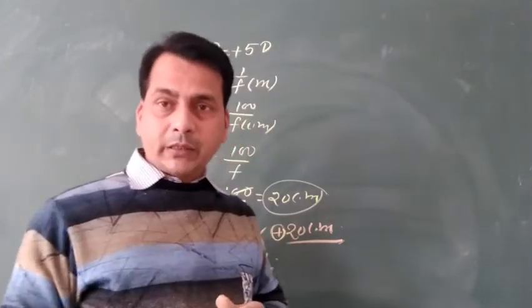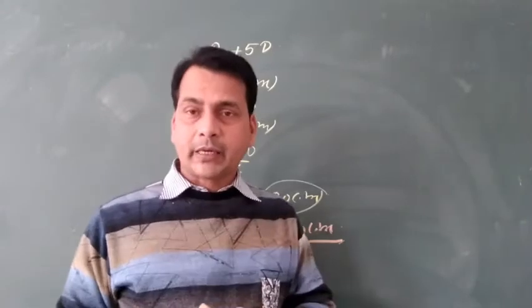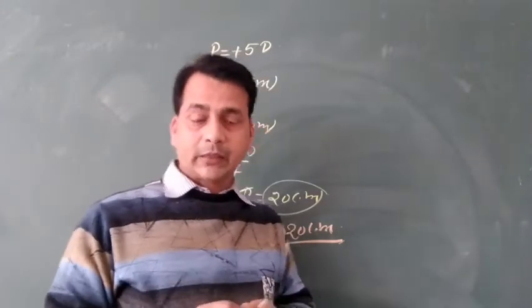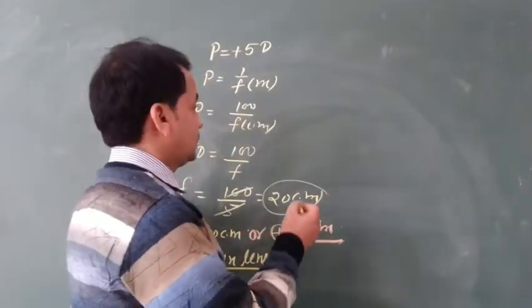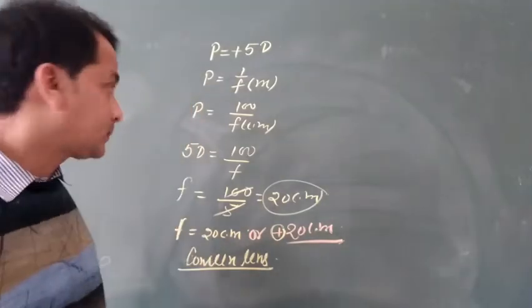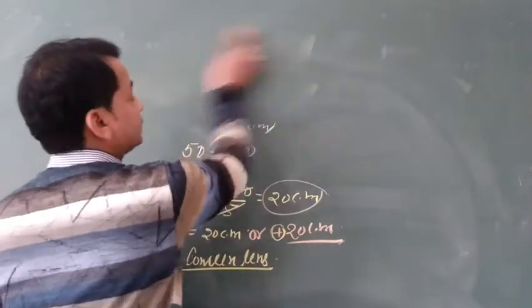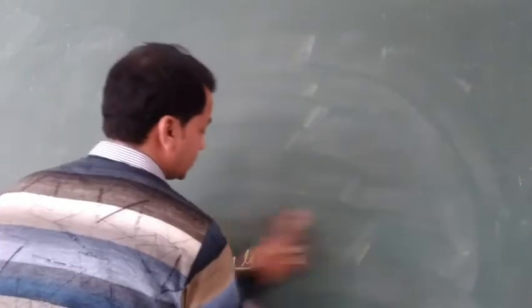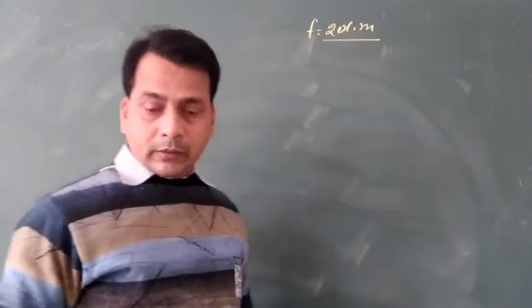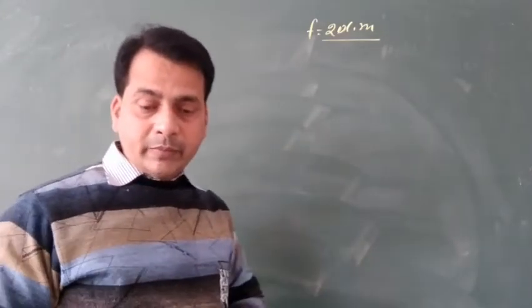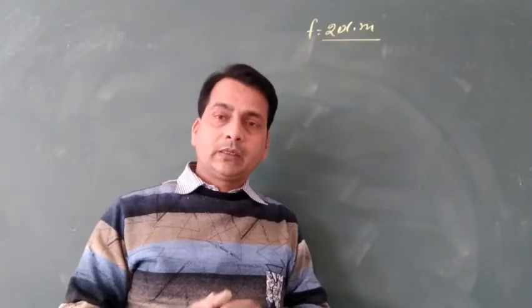If the image is inverted and of the same size, so here is the magnification. The focal length is 20 centimeter. According to this question, the inverted image of the same size.